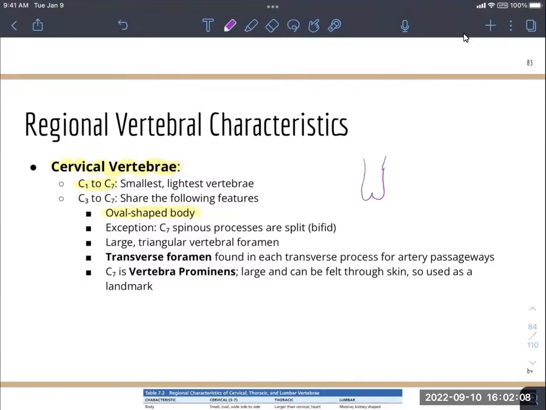They have a very large, more triangular shaped vertebral foramen. That is where your spinal cord goes through. The transverse foramen, kind of the wings that come off, have a foramen in them for the vertebral artery.